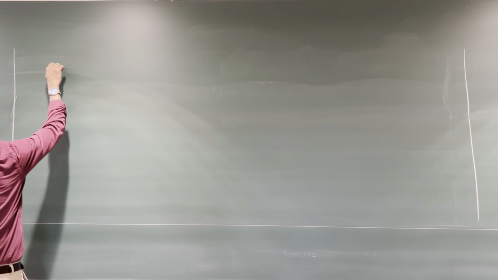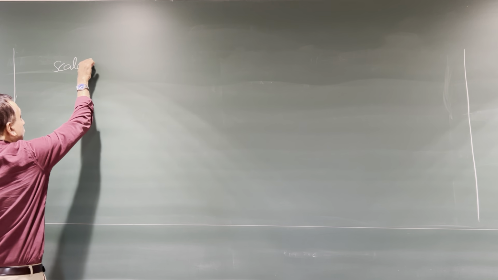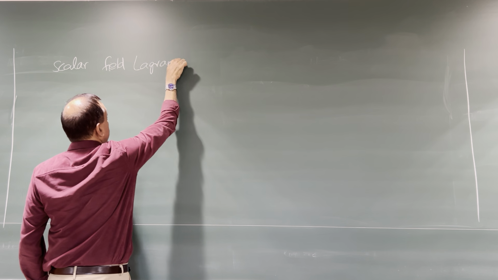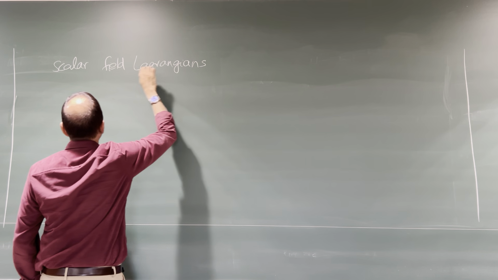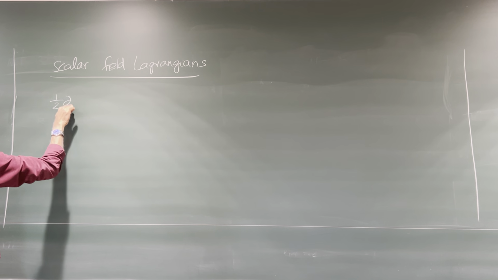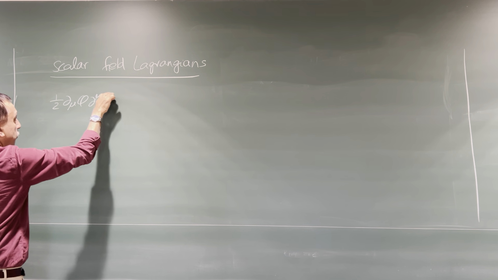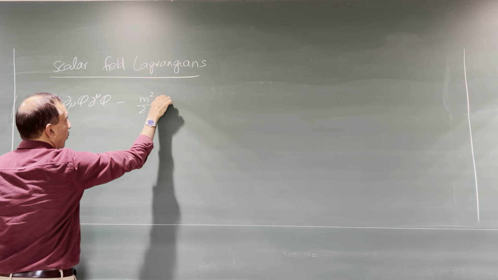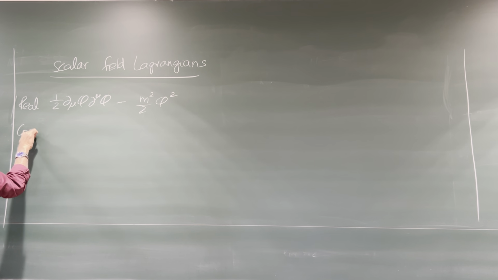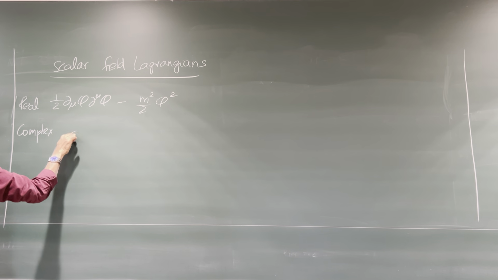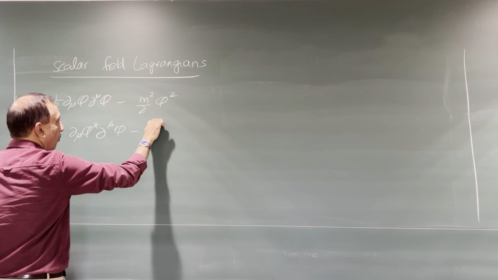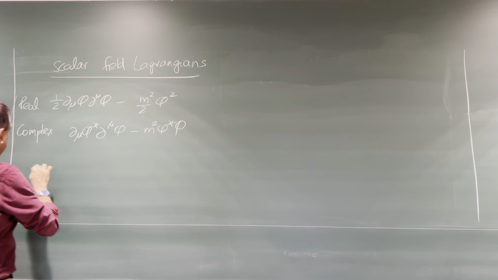We just wrote a bunch of scalar field Lagrangians, and they were all pretty simple. And you may be wondering if anything complicated is going to happen. Well, I promise you it will very soon. So the ones we did were real, complex, and vector.